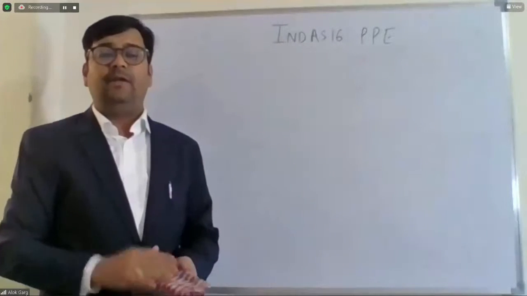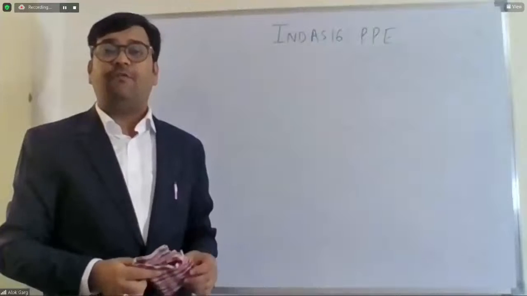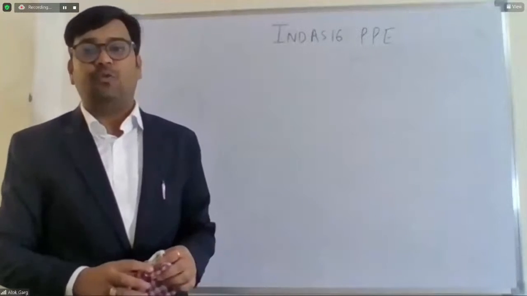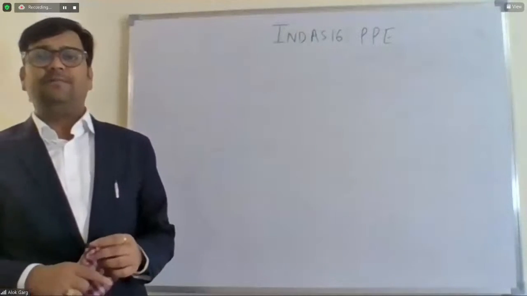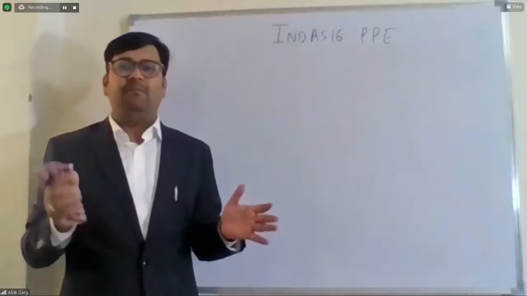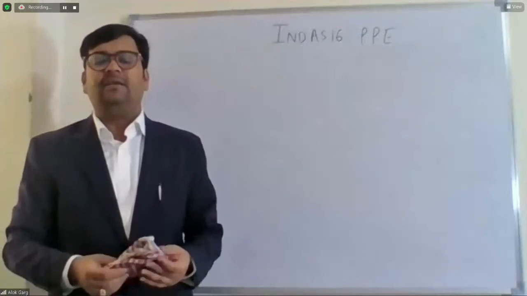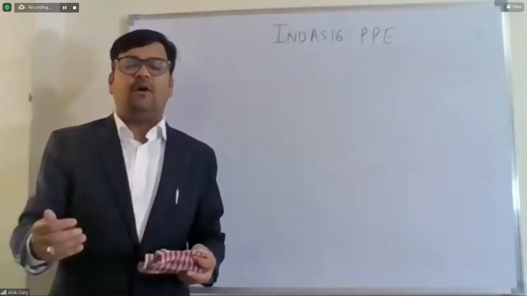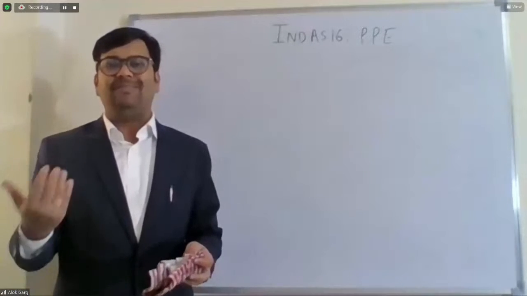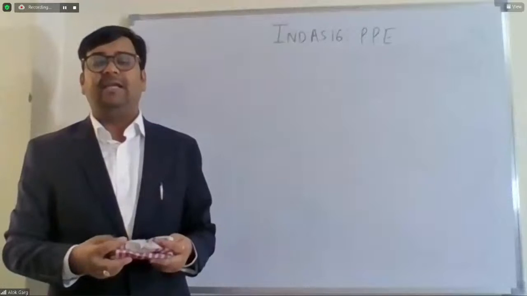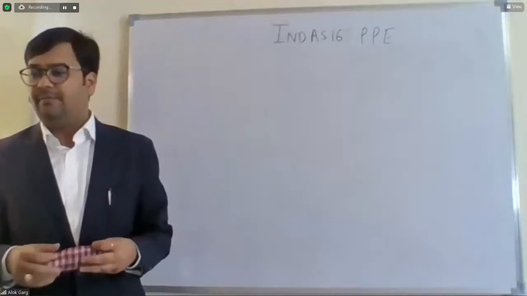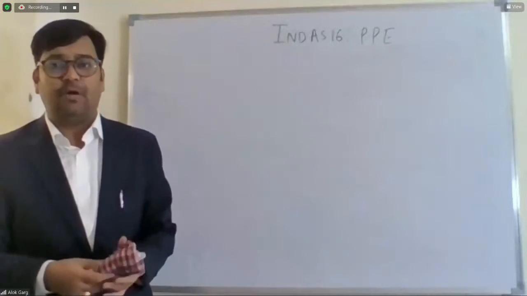Of course, it is held for administrative purposes. Of course, this chair is useful for more than 1 year. Sir, can a company make a policy that the item below 10,000 or item below 5,000 can be charged off to P&L as and when they have been incurred? Can the company prepare this kind of policy?